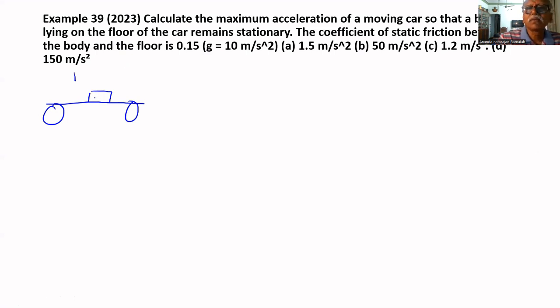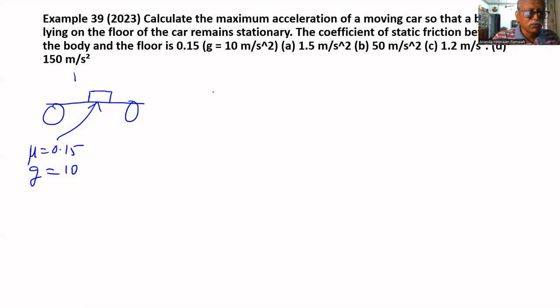What is the maximum acceleration so that this mass should not move? The coefficient of static friction between the body and floor is 0.5. So this coefficient of friction here is mu equal to 0.15 is given. g is equal to 10 is given. What is the acceleration of the car?